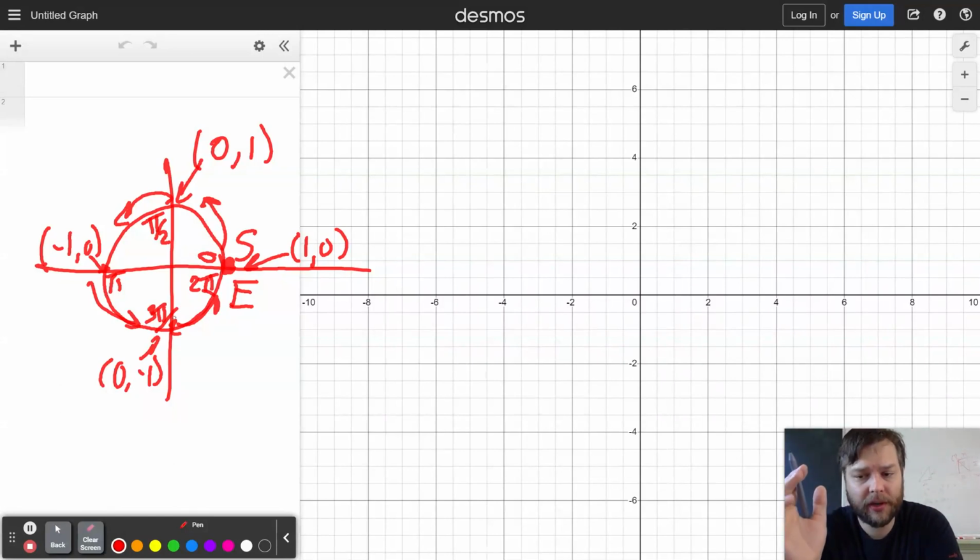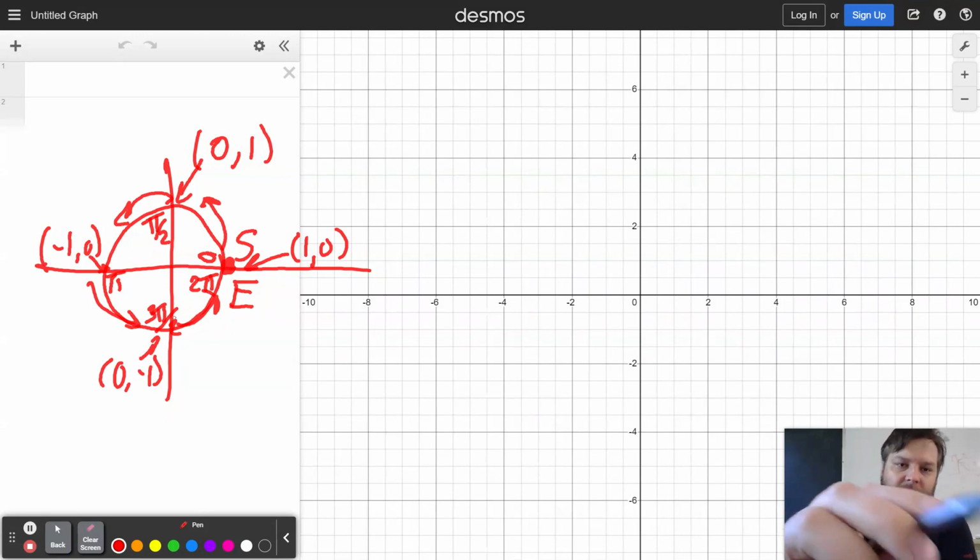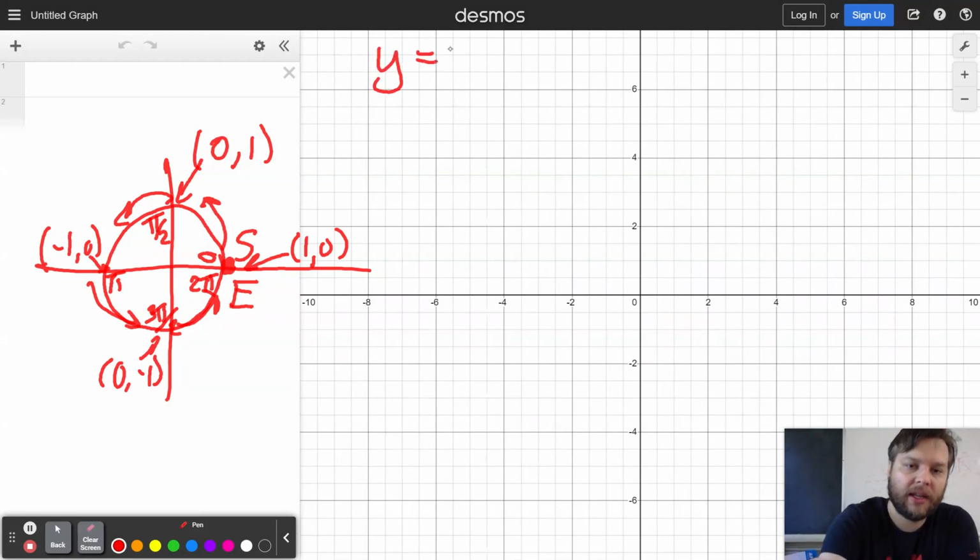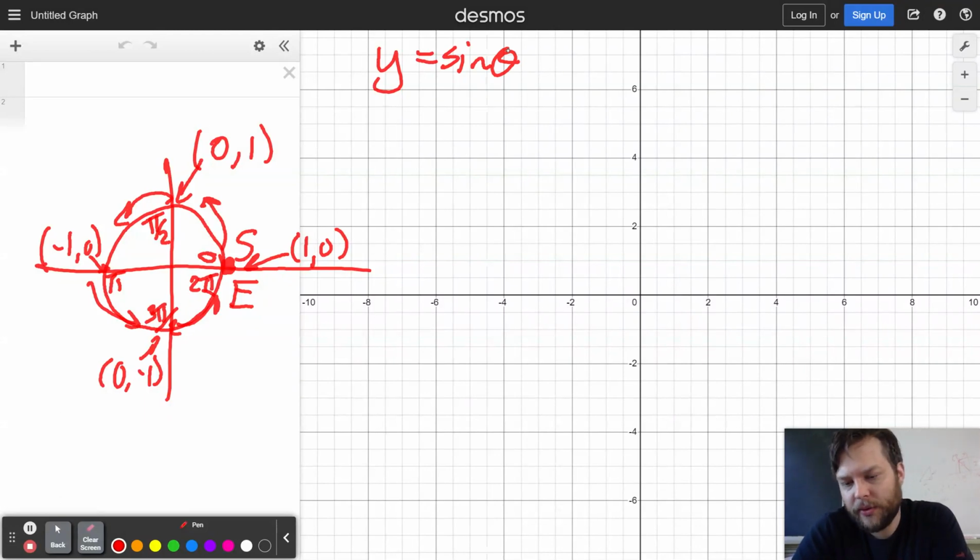And what I want you to notice is when I graph sine, what I'm actually going to graph is y equals sine of theta. Now, a lot of times you end up typing in sine of x, but what I want you to interpret that as is: at each angle on the unit circle, what is the y value at that point?